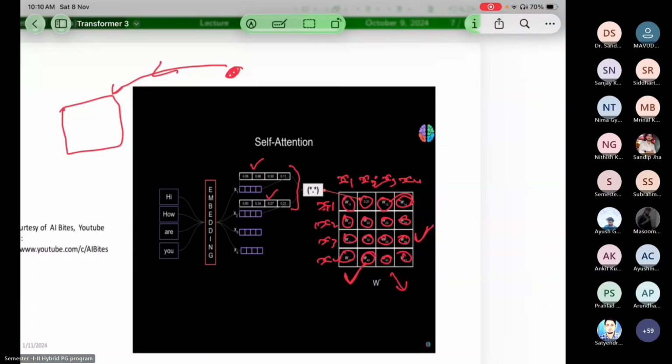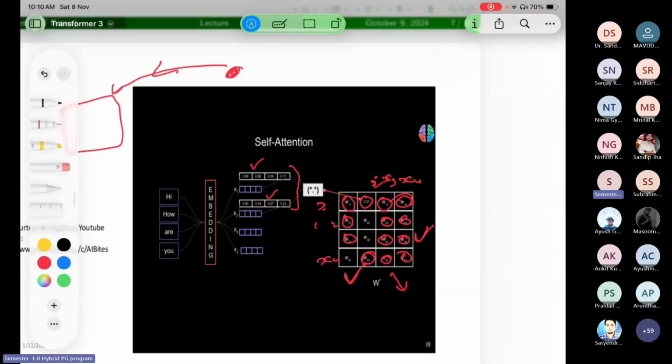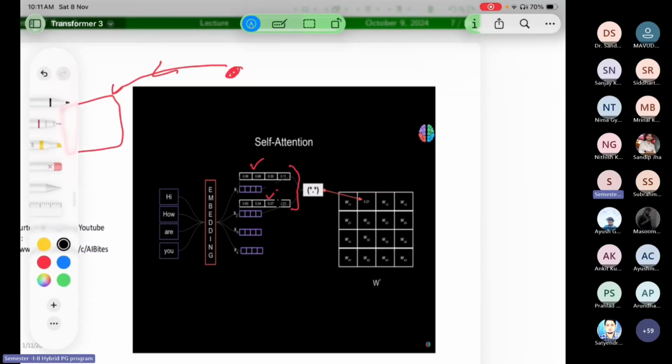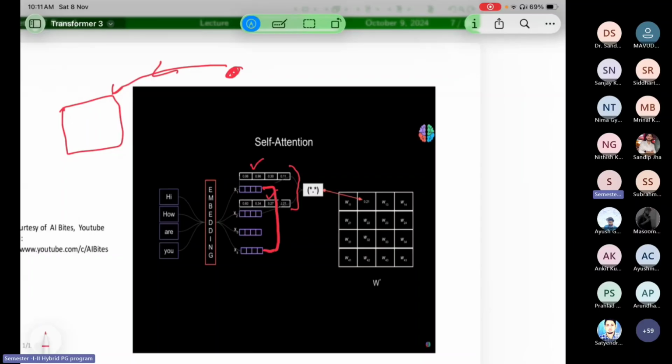Because our job is to get the attention matrix, so that when I apply it, it will give us the attention weighted matrix. Because actually the goal is to define the features. You got all these inputs.